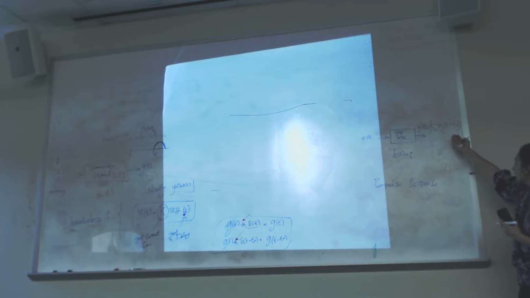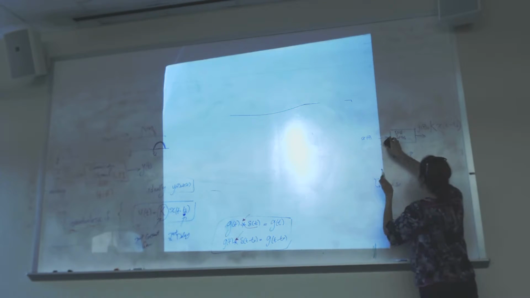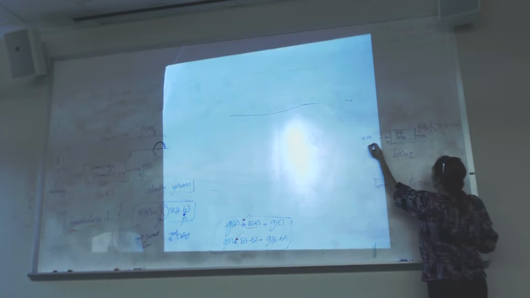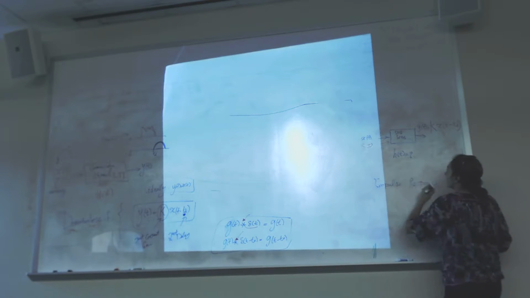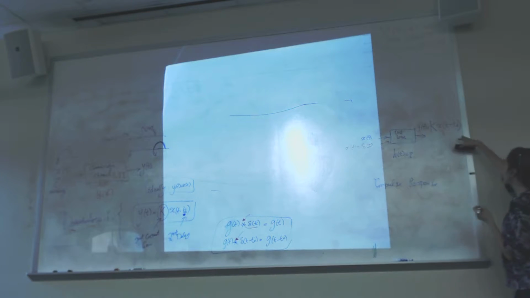You have the response of the system to any input, right? Any x you give me, this is the output. So impulse is just one expression of this. So what do you think the impulse response is? Let's see, if I apply delta t, based on this formula, what do I get?